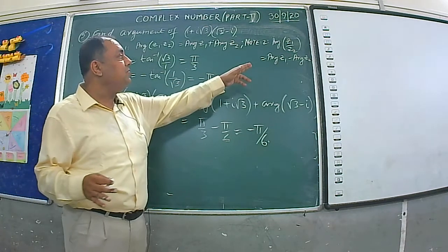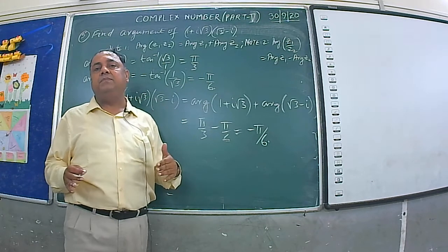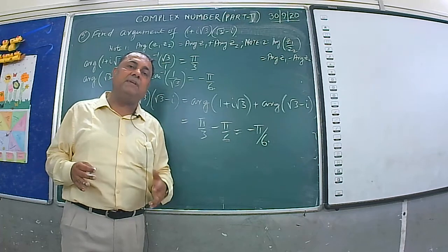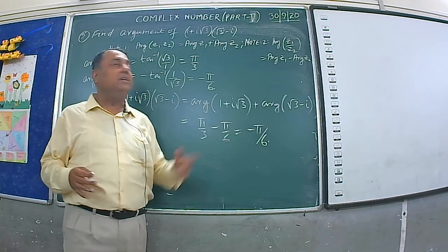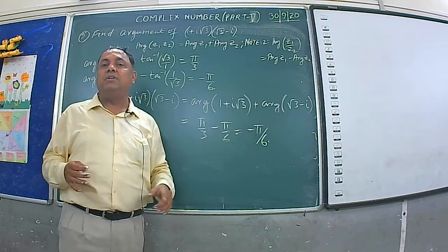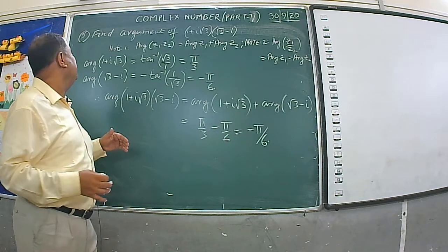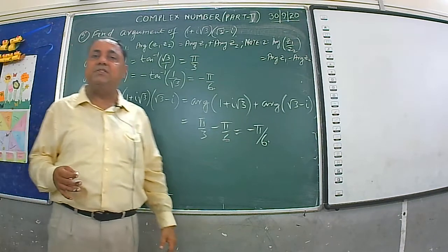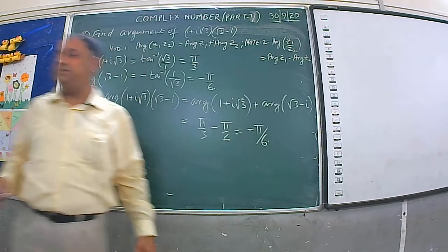And then is note 2, where if two complex numbers are given in quotient form, Z1 by Z2, then our note 2 is applicable. This is as far as problem number 5 is concerned. I now move on to problem number 6.